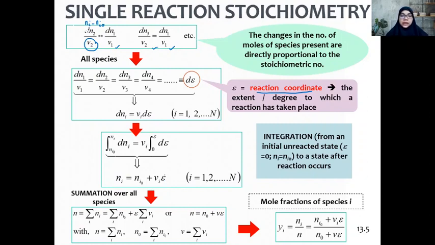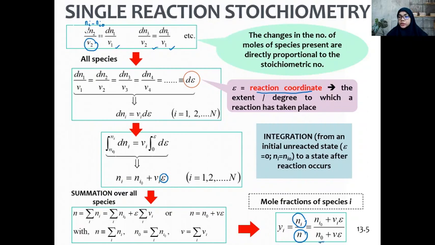Okay, for a single reaction, we have one description of the reaction coordinate. Later we will move to multiple reactions. Summing over all the species gives us the mole fraction for each species, that is, the particular species over the total.